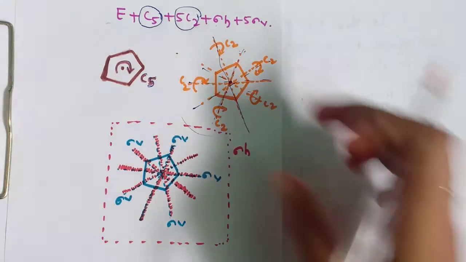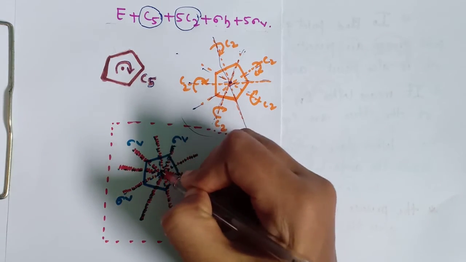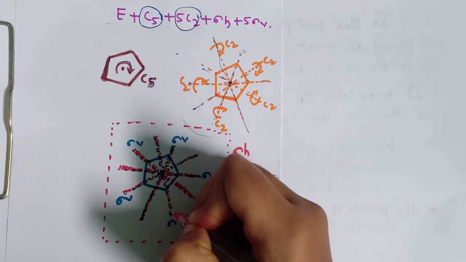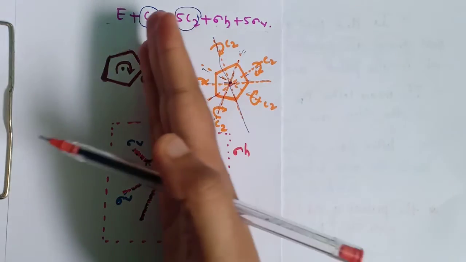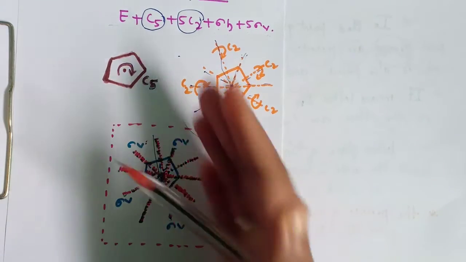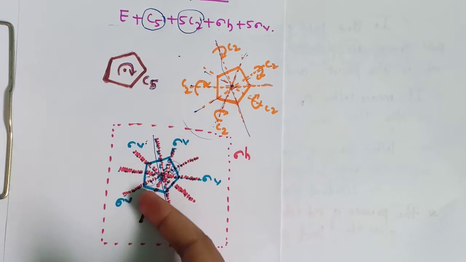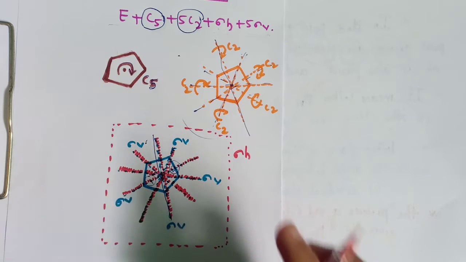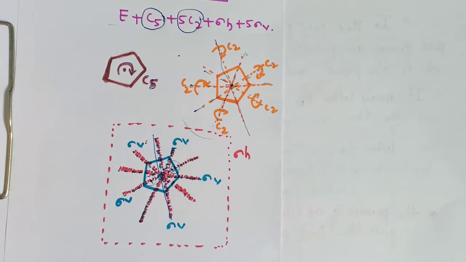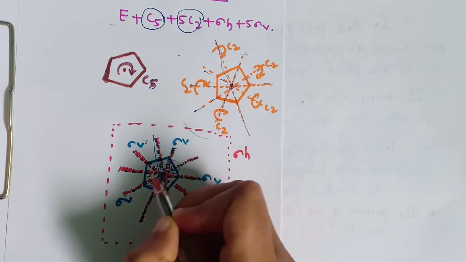So same as the C2, here also if I pass an imaginary plane here, it is dividing the molecule exactly into two equal halves. See this, this is the first half and this is the second half. These two are mirror images of each other. See, this is a mirror image of this one and this is a mirror image of this one.